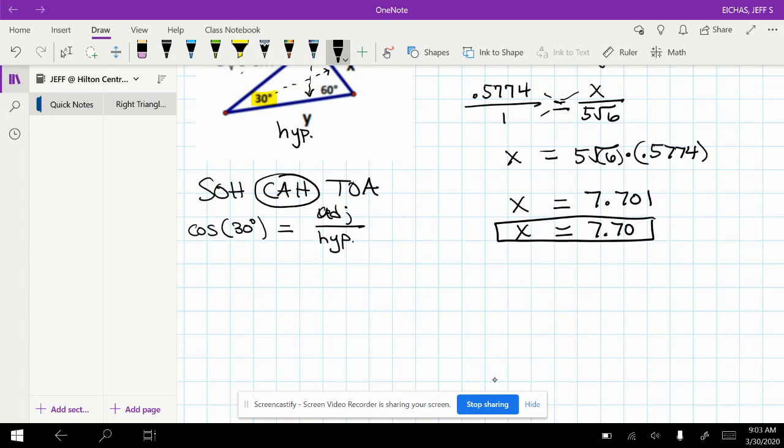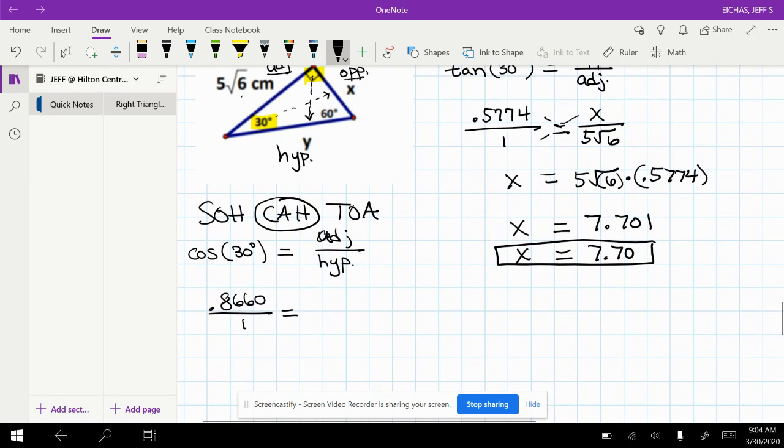All right, so cosine of 30 is 0.8660. Adjacent is 5 square root of 6. And we have y.